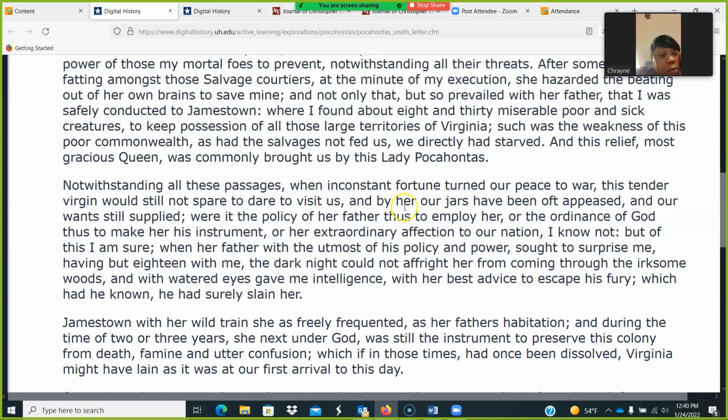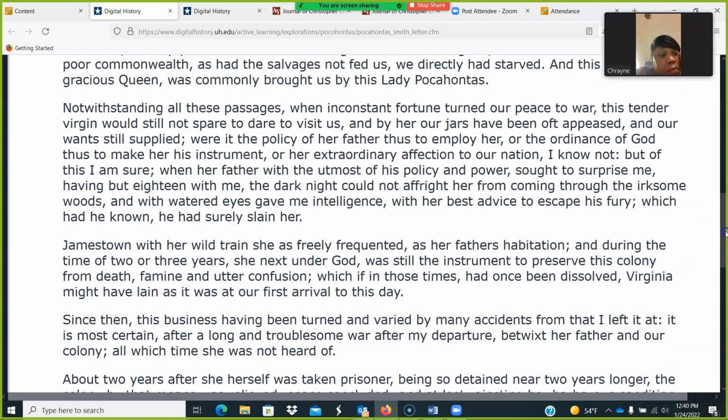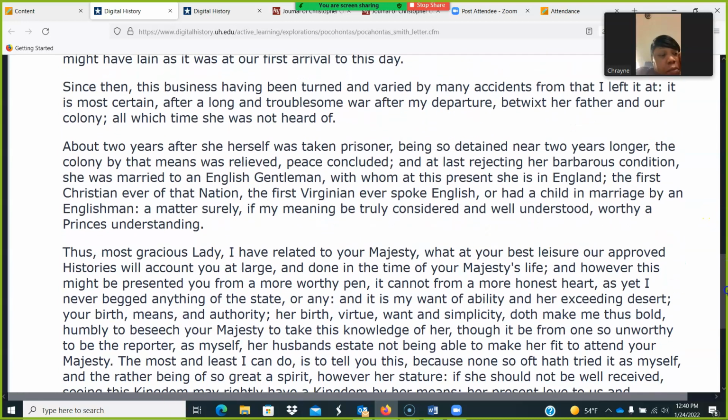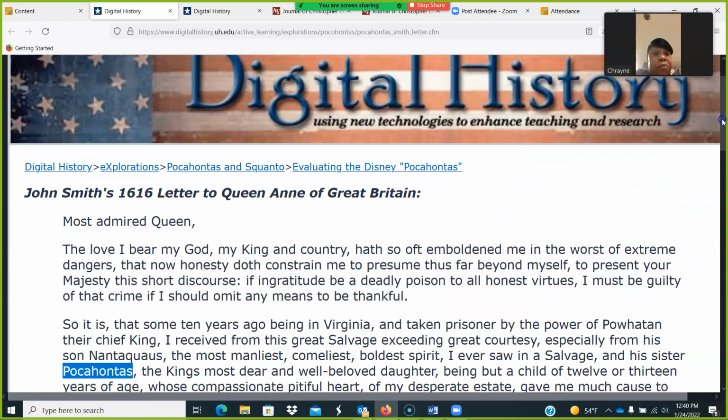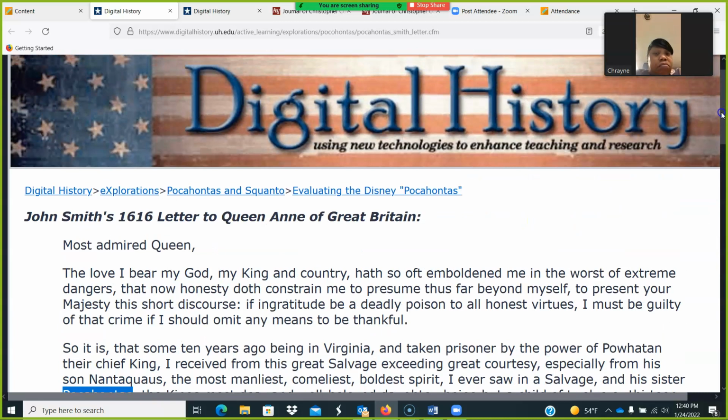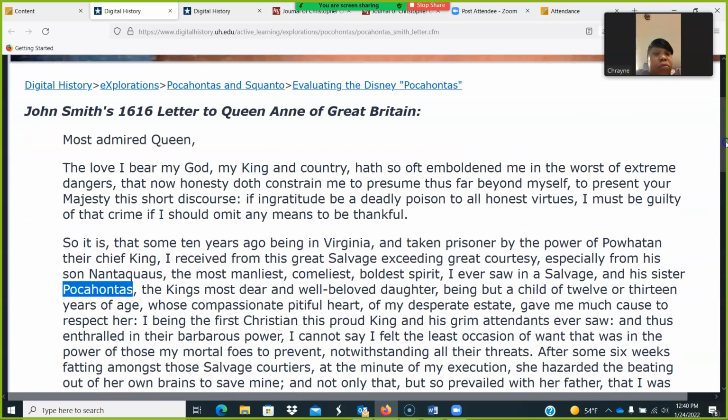And it says down here toward the bottom, about 2 years after she herself was taken prisoner, being so detained near 2 years longer, the colony by that means was relieved, and she ended up marrying who? John Smith.